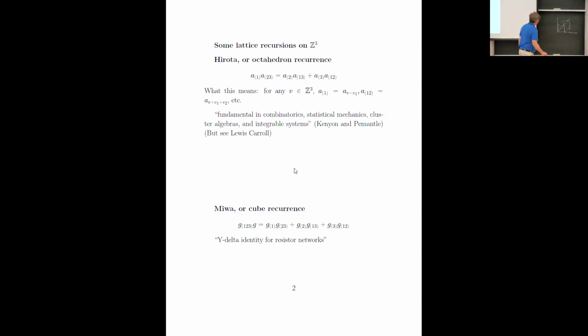There we go. Take any point in the lattice and call it your origin, and then you can shift by one that way. You can shift by one this way. You can shift by one that way, and if you do two shifts, you've got A1,2, and so on.